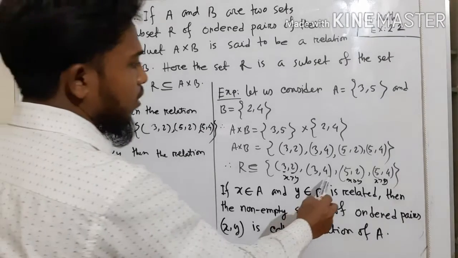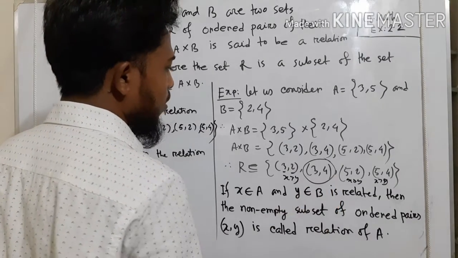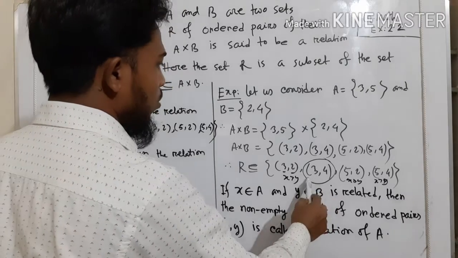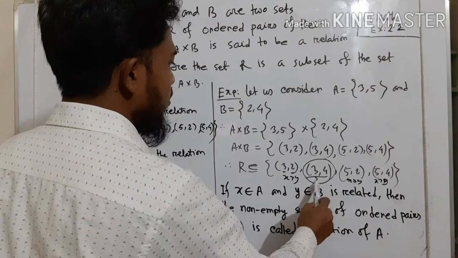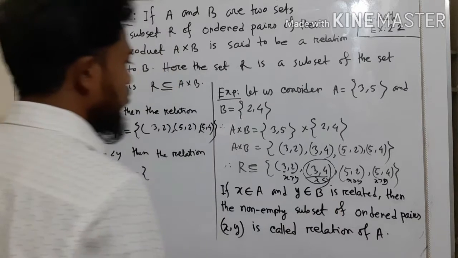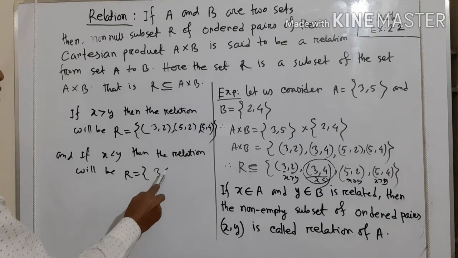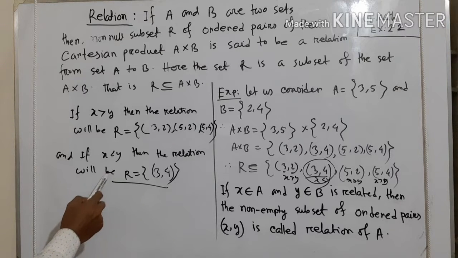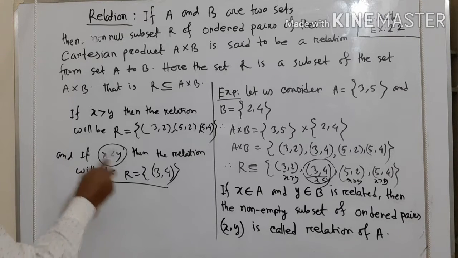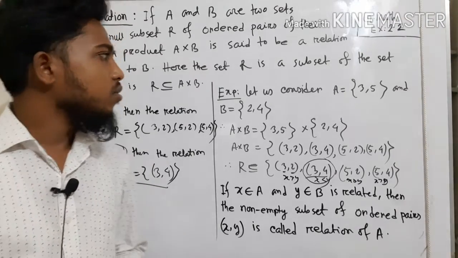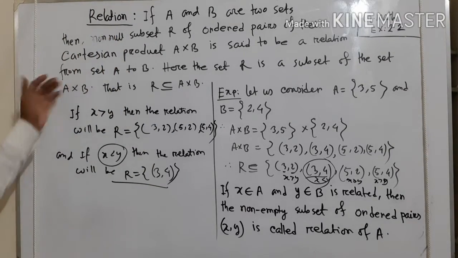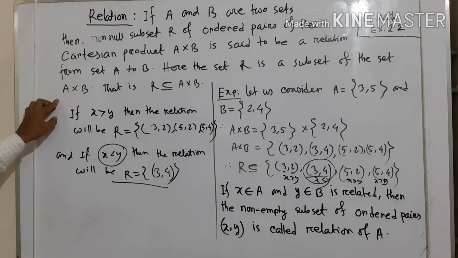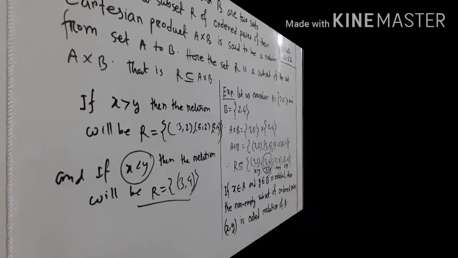So, here we see that in this Cartesian product set of ordered pairs, x is less than y. So, we take (3, 4). This is our relation according to the condition x is less than y. I think all of you have understood the relation and the use of conditions of this relation.